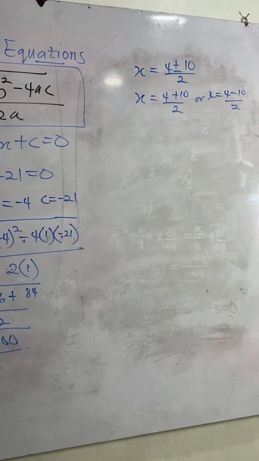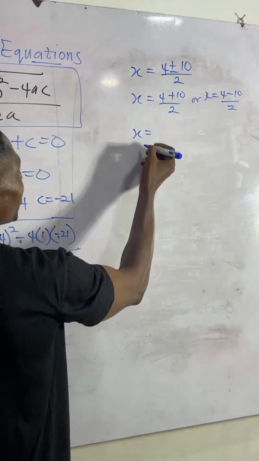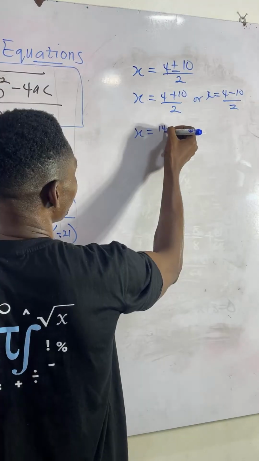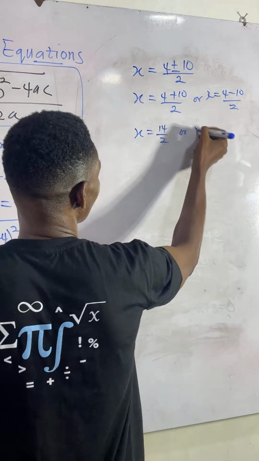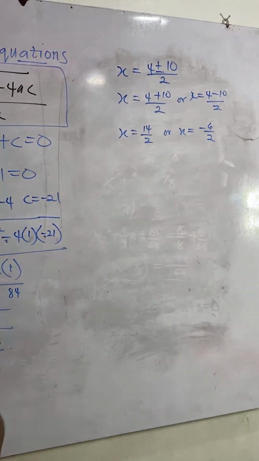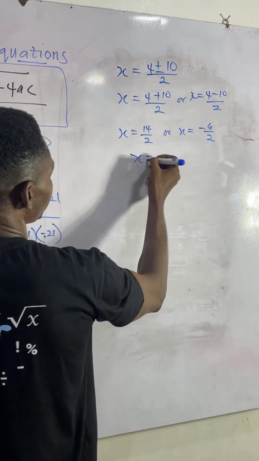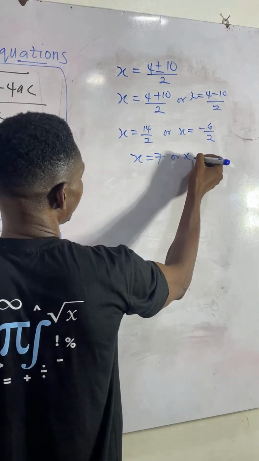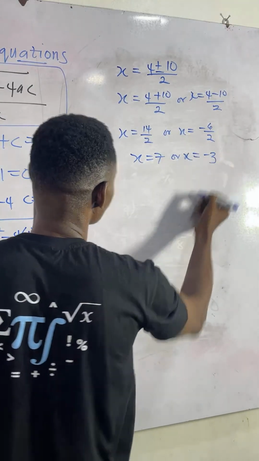So x is either equal to 14 over 2 or x equal to minus 6 over 2. So x equal to 7 or x equal to negative 3.